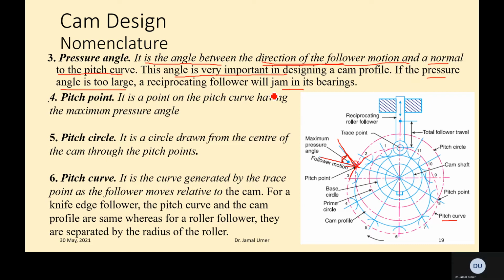Just imagine, when the cam is traveling this way and this point reaches over here, this is the point where the follower will start its highest upward motion. It starts to rise as quickly as possible at this point.